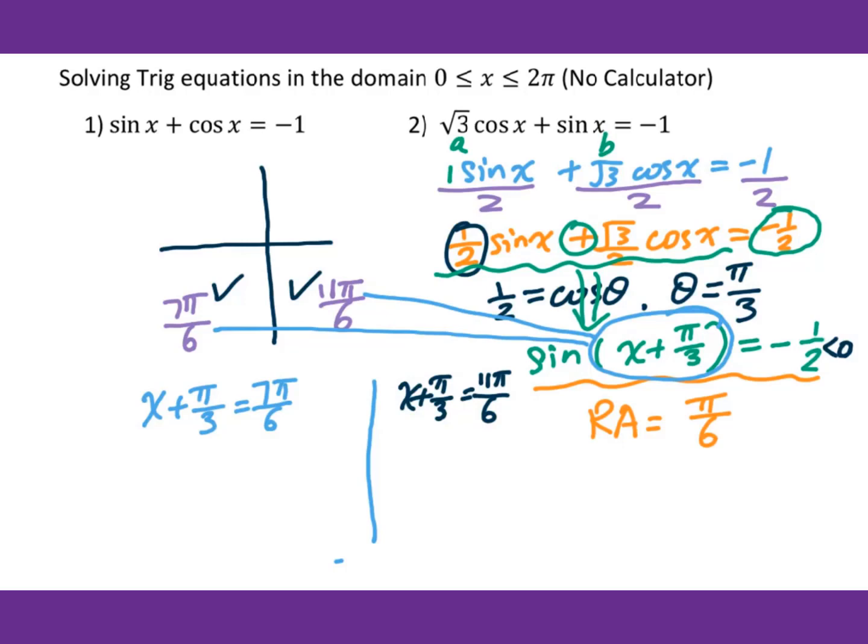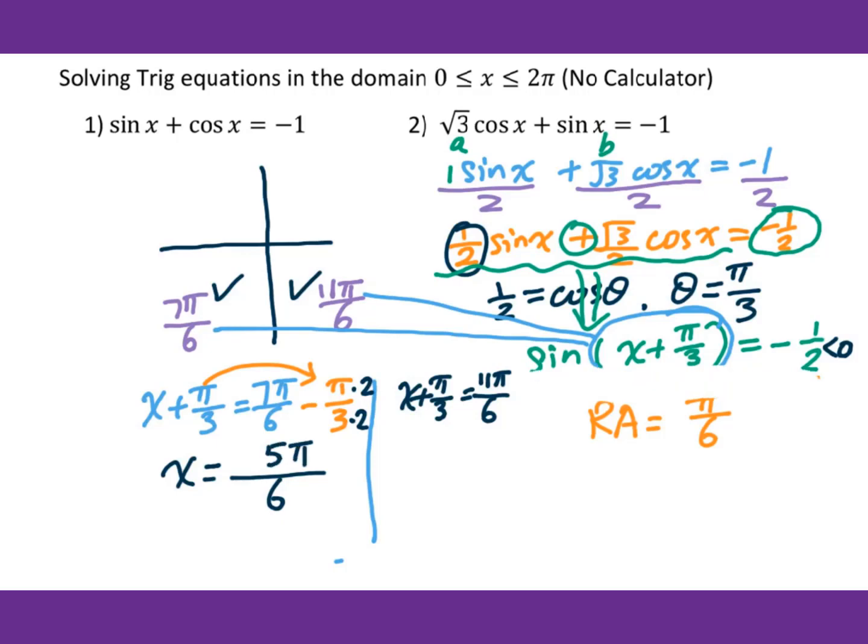Then we solve for this. So cross, you got the negative pi over 3. Remember, cross equal sign change sign. Make sure we got the same denominator. That's why we multiply by 2. So x equals, denominator is 6, 7 pi minus 2 pi will be 5 pi. So for this equation, I cross equal sign change sign.